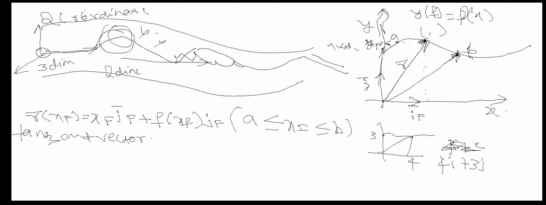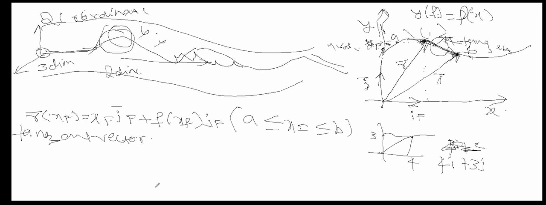The tangent vector is the vector joining these two positional vectors. This is nothing but a tangent vector, which will be tangential to this point. So this is called a tangential vector.